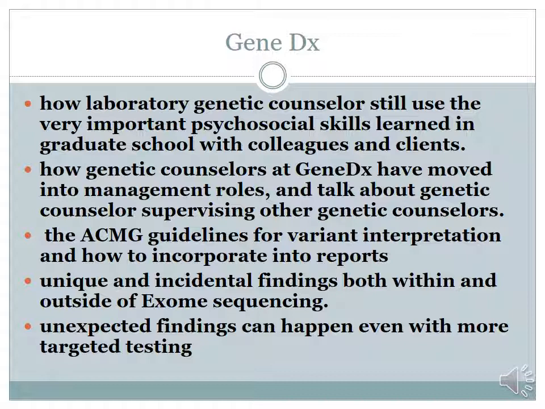And then you'll learn the unique and incidental findings both within and outside the exome sequencing. So we are finding that this is an exciting, small course to include in your coursework here. The University of Pittsburgh program uses this, and some of the other programs are looking to include it into their curriculum too.